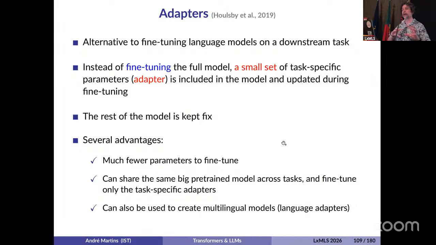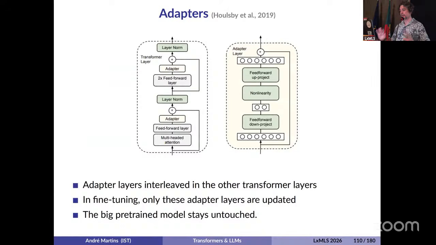You can also combine these adapters in combinatorial ways. For example, you can have one adapter for the task and one adapter for the language, so that you can perform any task in a range of different languages. So adapters look like this. Basically, you introduce some extra boxes in your transformer.